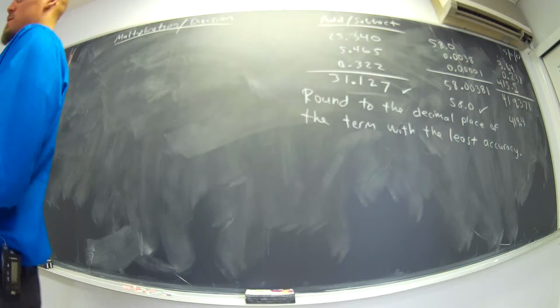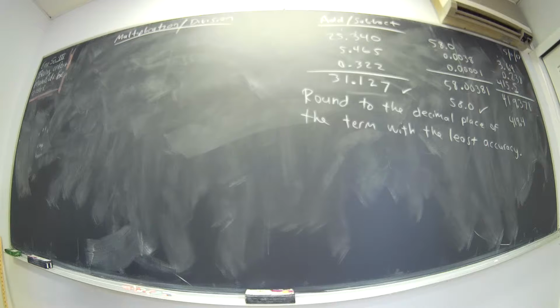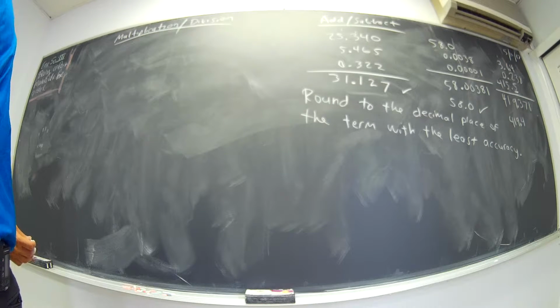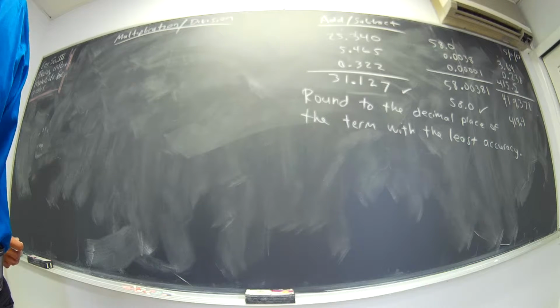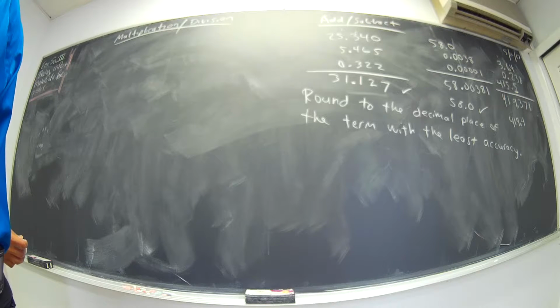Okay, so multiplying and dividing examples. What page is that? It's back in the appendix, 433.